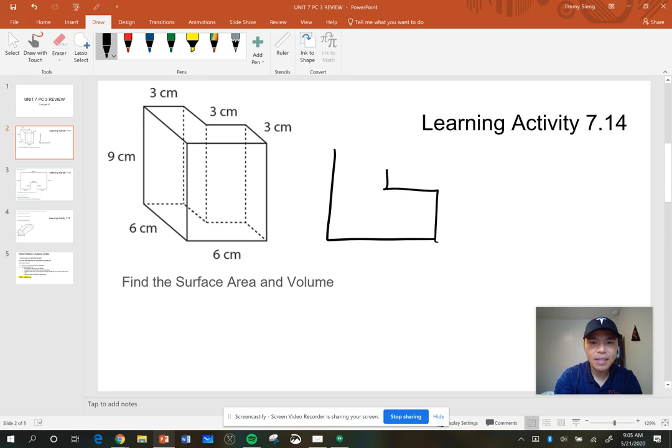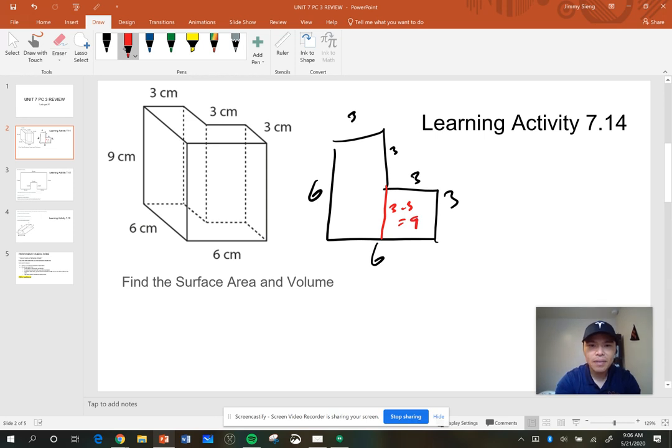Looks like I have it like this. This is 3, this is 3, this is 3, this is also 3, 6 and 6. So I need to find the base area. Well, the best way to do that is to cut this up into pieces, right? So that we have squares and rectangles here. So this one's going to be 3 times 3, which is 9.